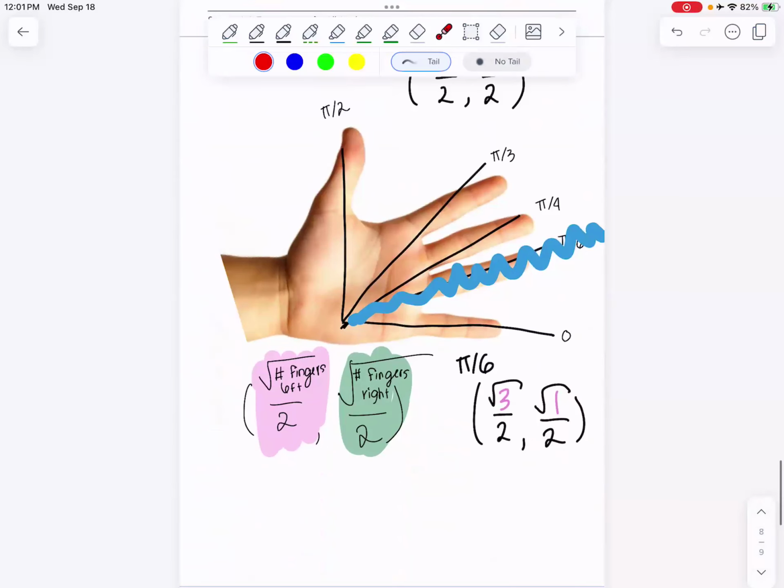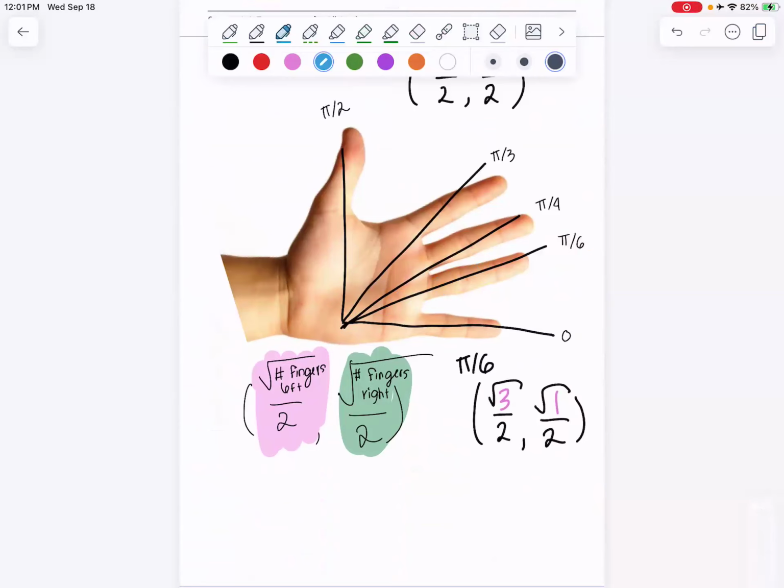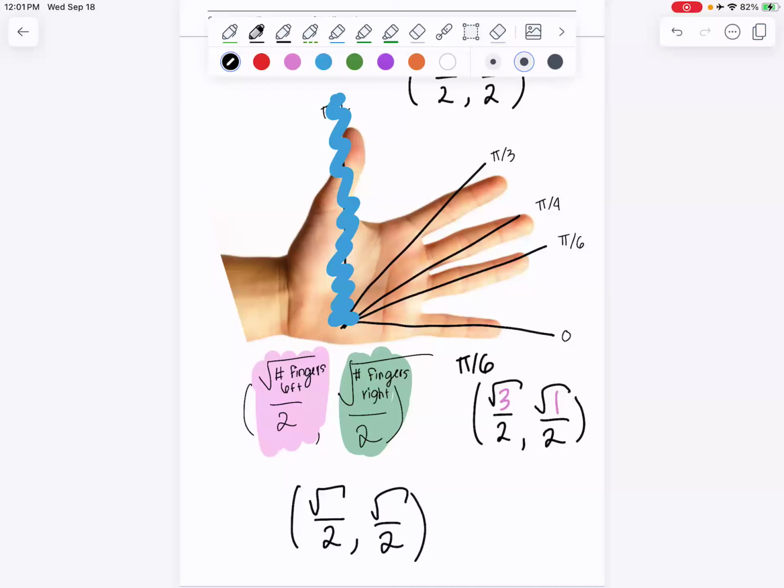It actually even works with the thumb and the pinky as well. So if we do it that way, it's actually quite interesting. If you put down pi over 2, and we still use this square root over 2, square root over 2.